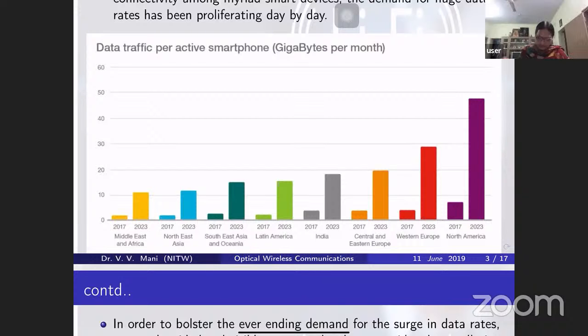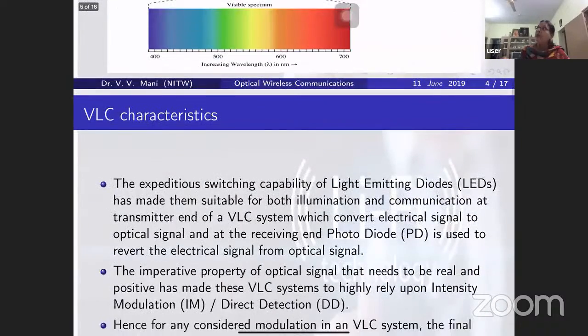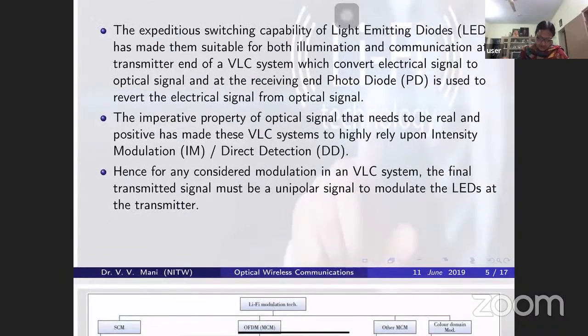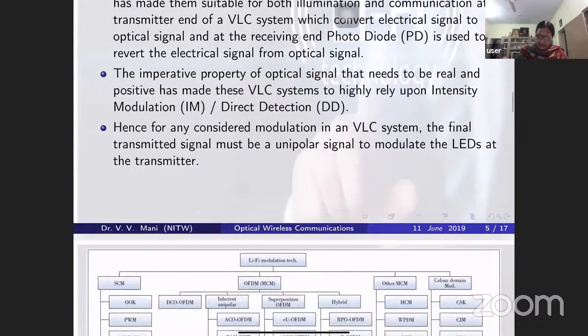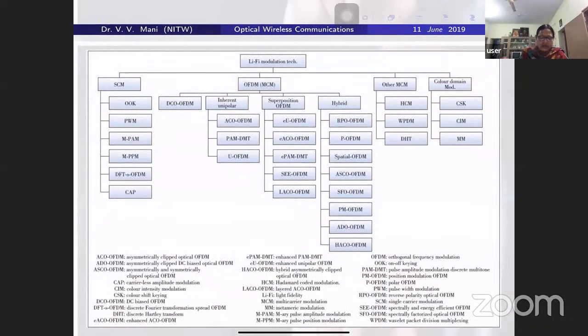Okay, so this is the way. This spectrum is available, and because my time is going ahead, I'll quickly go through this. It comes under optical wireless communication, because I'm using optical devices. Your normal communication streams can be directly adapted to optical also.